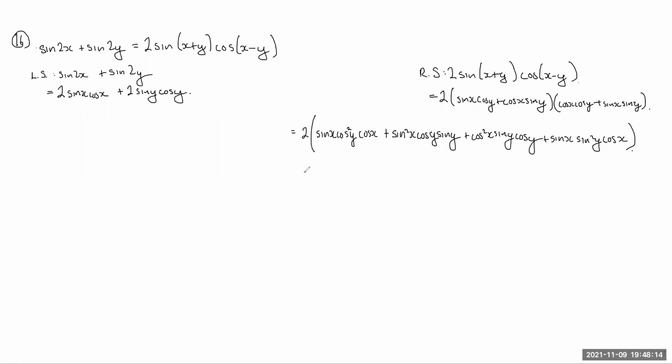Okay, looking at this, I see 2 sine cos squared y cos x, sine, no, so this is on its own. I'm going to do that. I'm going to reorder this.